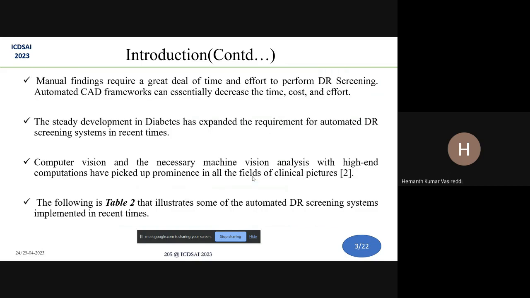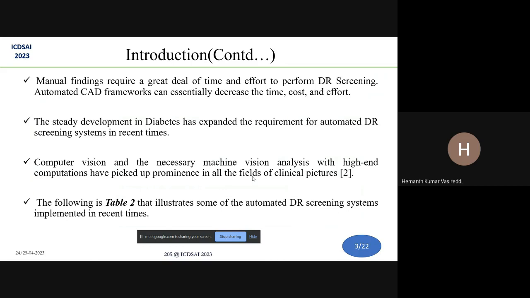Coming to the usage of a screening system, screening systems are really required to assess the severity for the patient, and they reduce time, cost and effort as well. Instead of manual findings by the ophthalmologist, screening systems will assist the ophthalmologist.